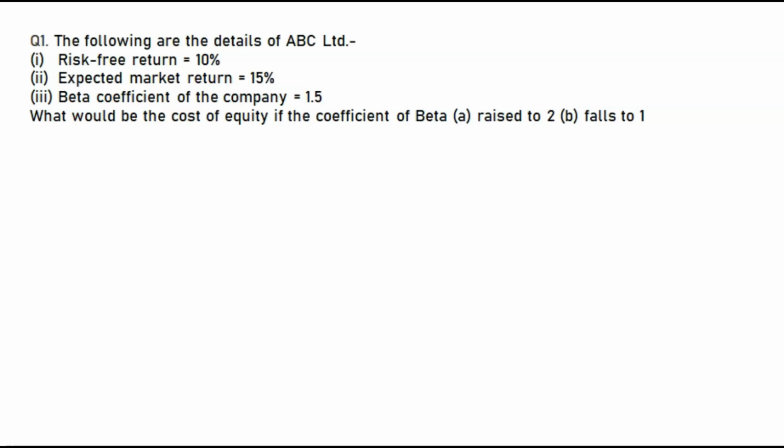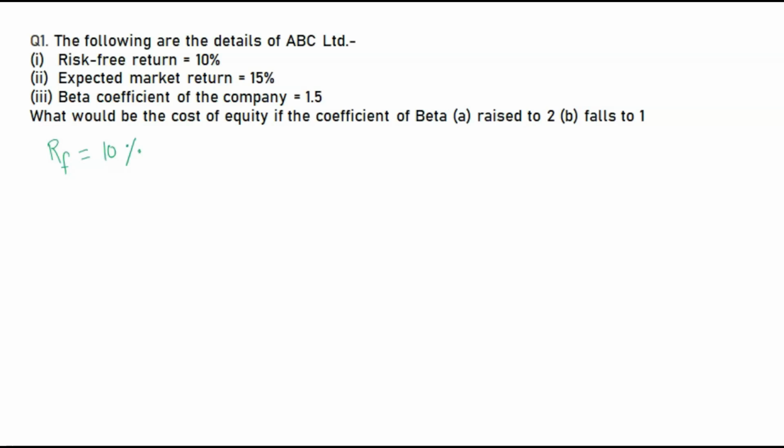Okay, so now the following are the details of ABC Limited. First is risk free return, denoted as RF, which is 10%.